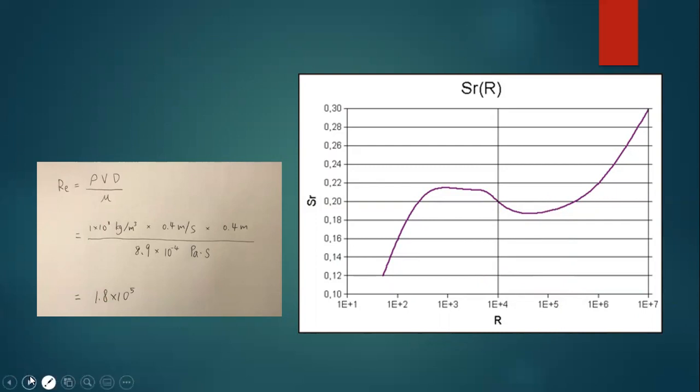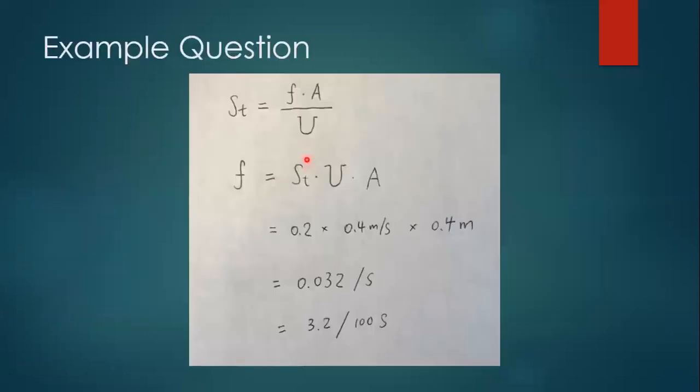So we can sub this value into the equation. And we get the frequency of my leg kicking equals 0.2 times 0.4 meters per second over 0.4 meters, which equals 0.2 per second. That means if I want to be energy efficient, I can only kick 20 times per 100 seconds.